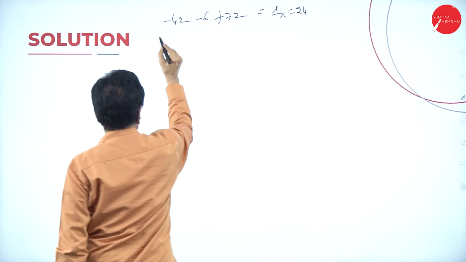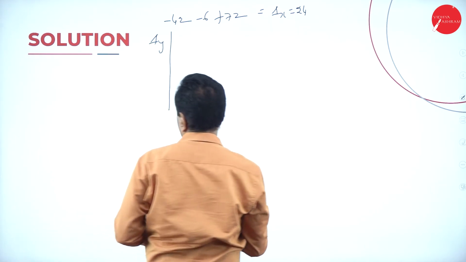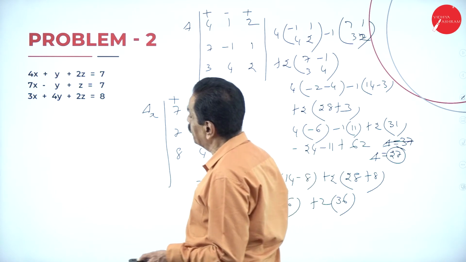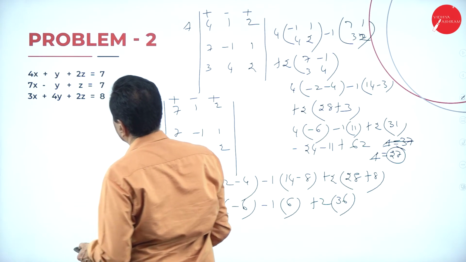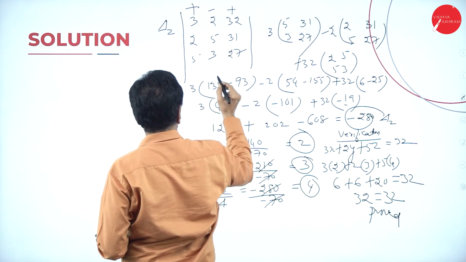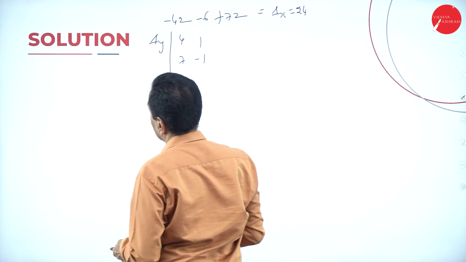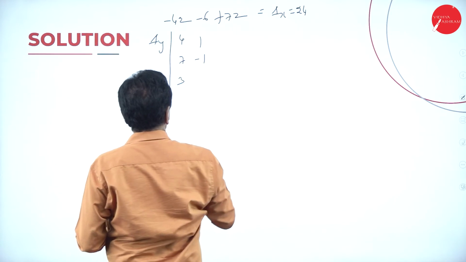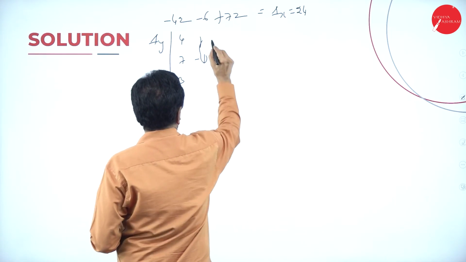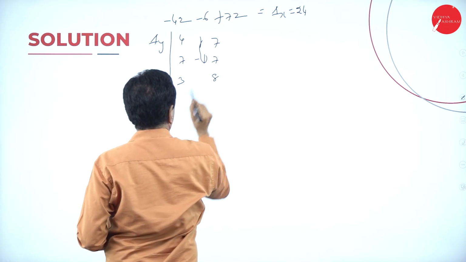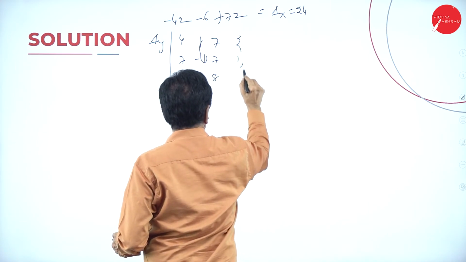Then delta y, write it here. Delta y, 473, 473. Then the second one becomes 7, 7, 8, 7, 7, 8, 2, 1, 2.